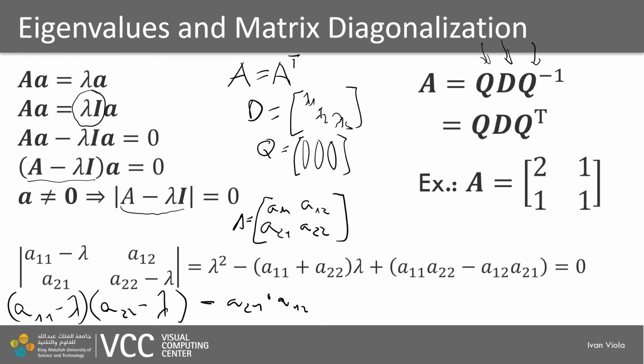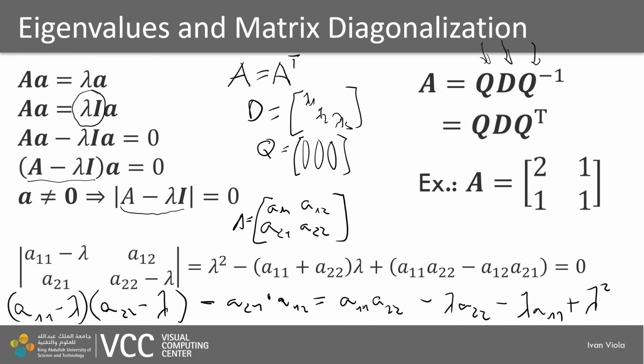And if we now multiply this term, we will end up with A11 A22, and then minus lambda times A22, minus lambda times A11, plus lambda squared.